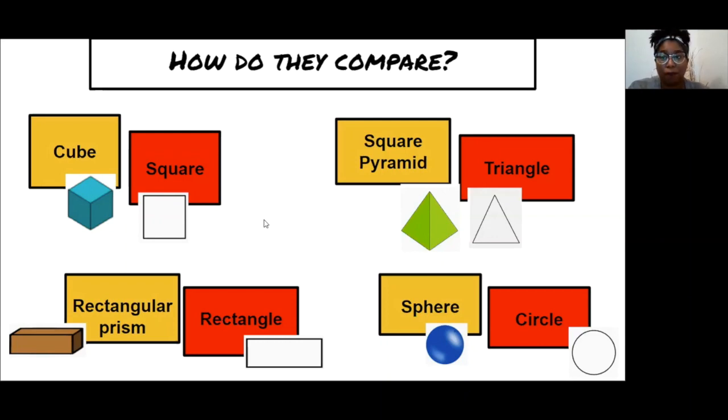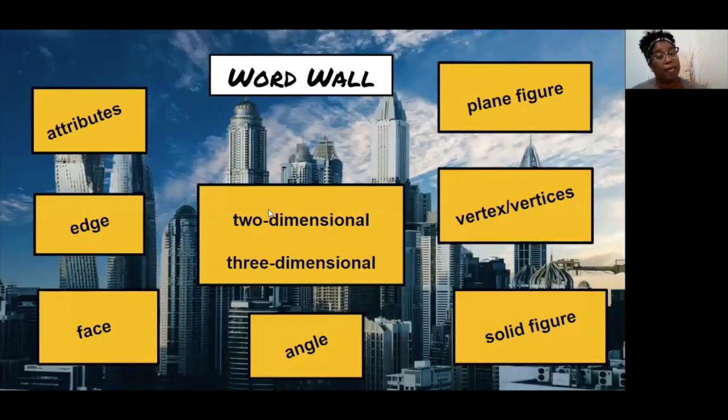So now that we can identify plane and solid shapes, let's take a look at some important vocabulary words that will help us further understand plane and solid shapes. We've already discussed a few of these words earlier in the lesson. Which words have we not yet discussed?